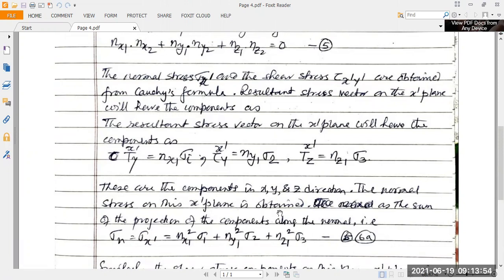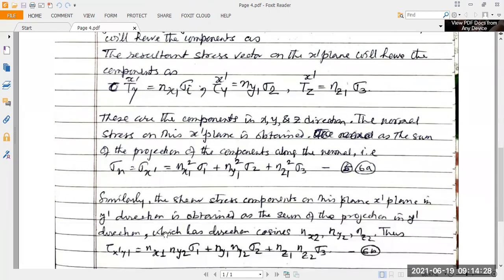The normal stress in the x dash direction is thus obtained with this formula: sigma n, or sigma x dash, is equal to nx1 squared sigma 1 plus ny1 squared sigma 2 plus nz1 squared sigma 3, because it is also now involving the direction cosine of the concerned element itself.